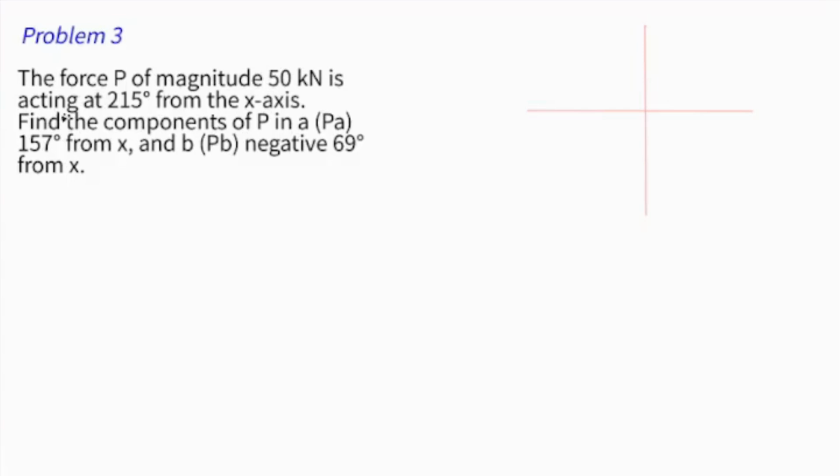So, drawing natin. Yung force P natin, magnitude 50 kN, 215 degrees from x-axis. So, this is 35 degrees. So, next naman natin i-plot is yung PA natin, which is ito. Siya naman is 157 degrees from x.